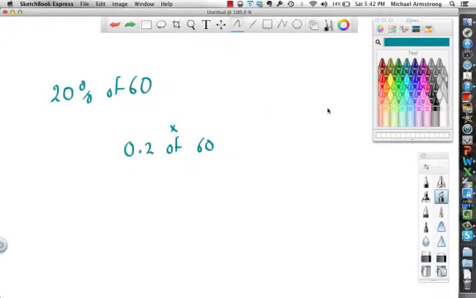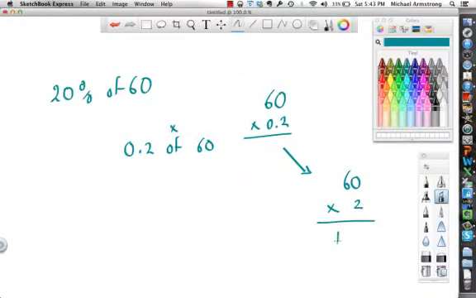It'd be like 60 times 0.2. But you guys all know that when you multiply using a decimal, you just take the decimal out and multiply without the decimal, and then you put the decimal back in. So we're going to go 60 times 2. And that's something we can do in our head. And then we have to put that one decimal place back in, and so we get 12.